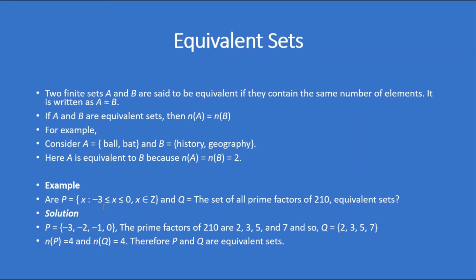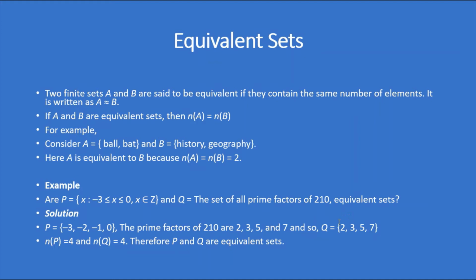So what are the integers from -3 to 0? -3, -2, -1 and 0. In this set Q, it's a set of all prime factors of 210. What are the prime factors of 210? The prime factors of 210 are 2, 3, 5 and 7. So Q is equal to 2, 3, 5, 7.